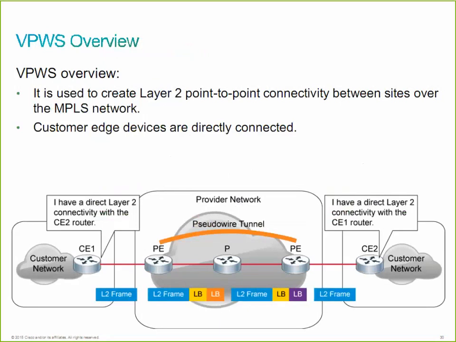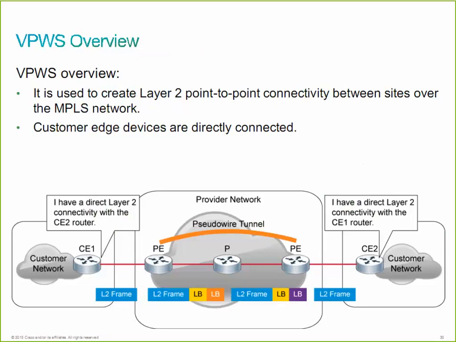Now, there are a couple of different ways that MPLS VPNs can be implemented. There's VPLS, which is an acronym for Virtual Private LAN Service. And there's VPWS. VPWS is Virtual Private Wired Service.